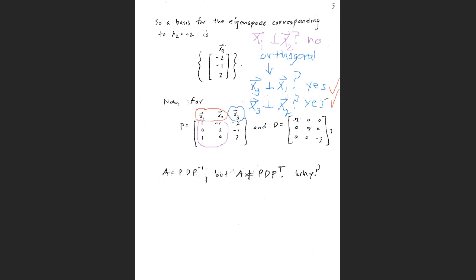And so remember, the theorem about vectors being orthogonal applies to vectors in different eigenspaces. You can have vectors in the same eigenspace that are not orthogonal, even though the matrix A is symmetric. But we understand that the matrix A ought to be able to be written as P times D times P transpose.